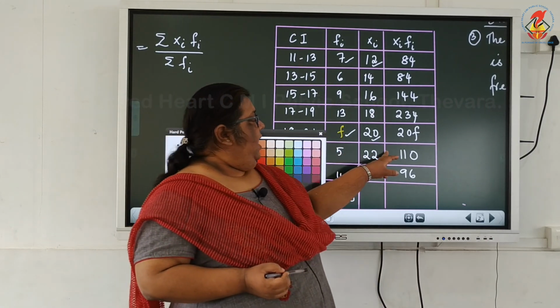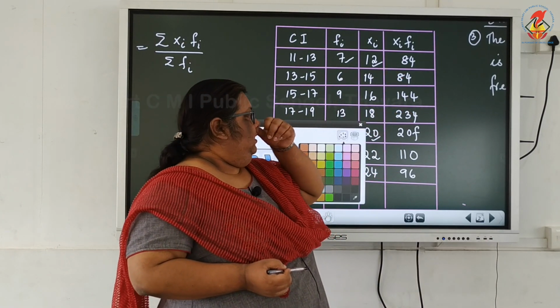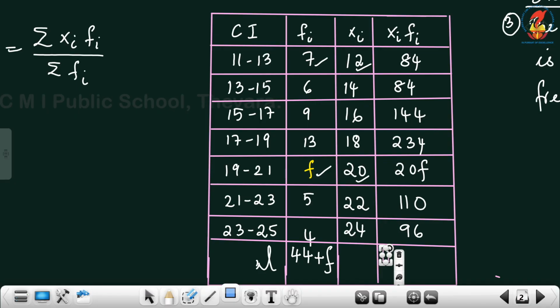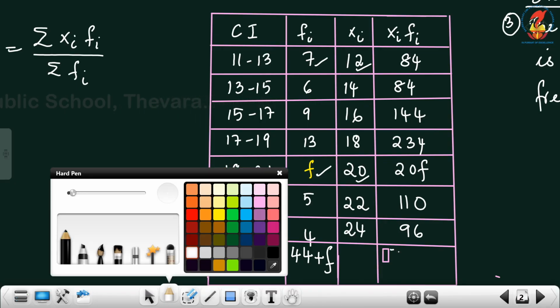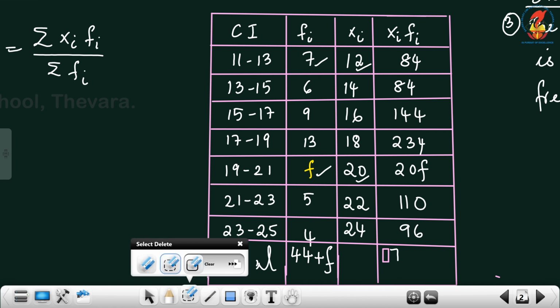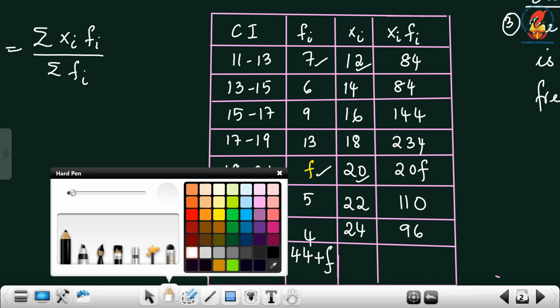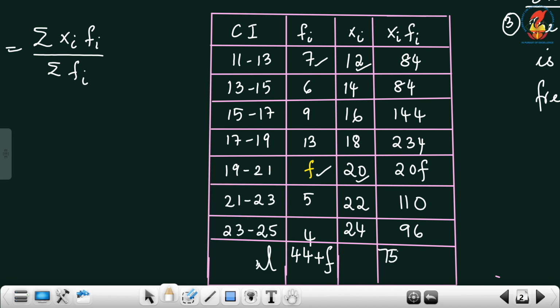Likewise, when you add all the xi fi, what will you get? You will get the answer as 752 plus 20f. Now we will find the x bar.